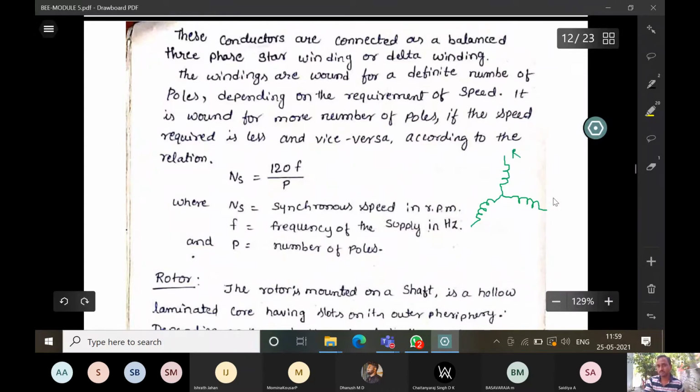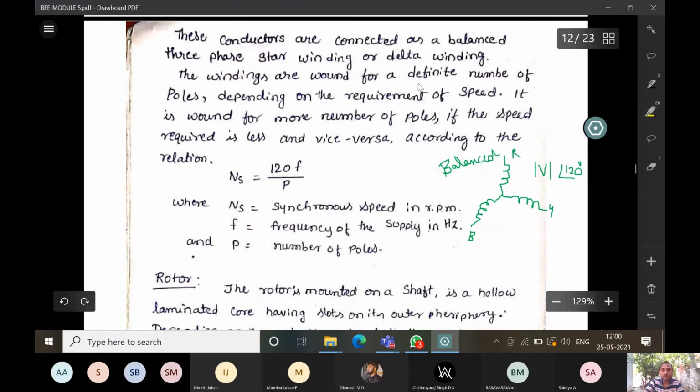So R phase, Y phase and B phase: in all the phases the magnitude of the voltage must be equal and the phase angle will differ by 120 degrees apart. This is called a balanced supply, and a balanced winding.